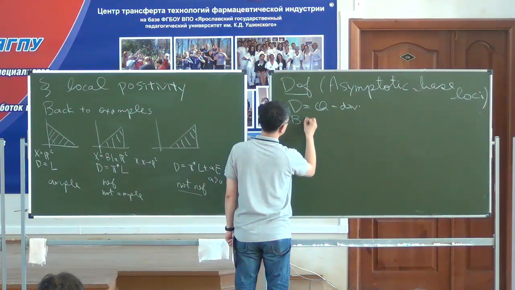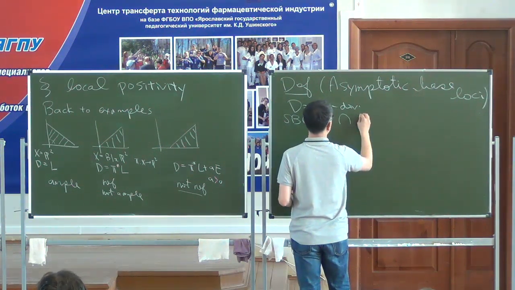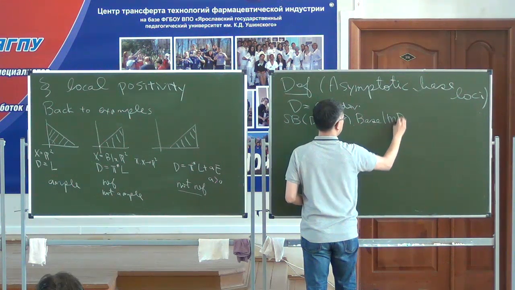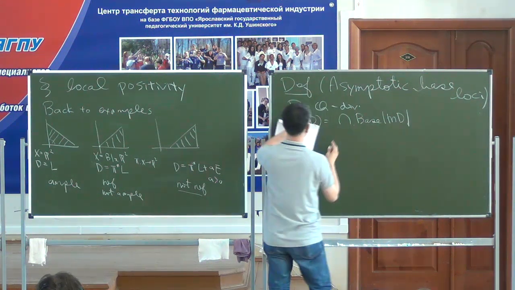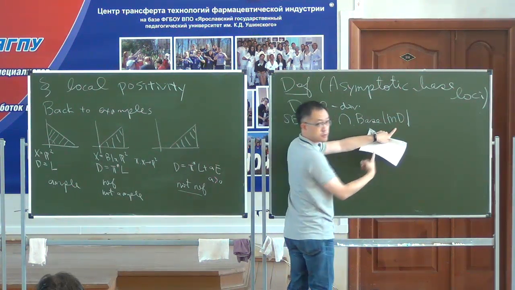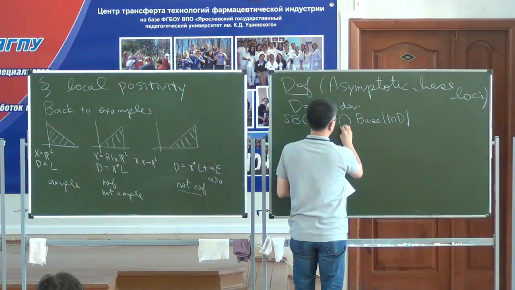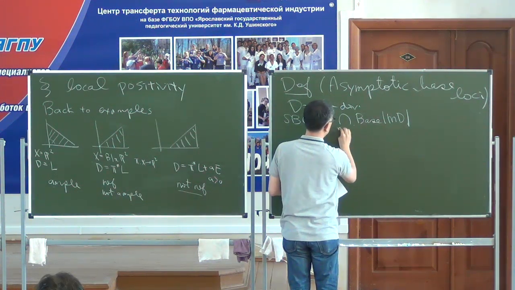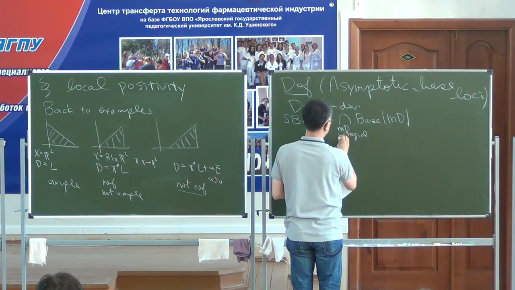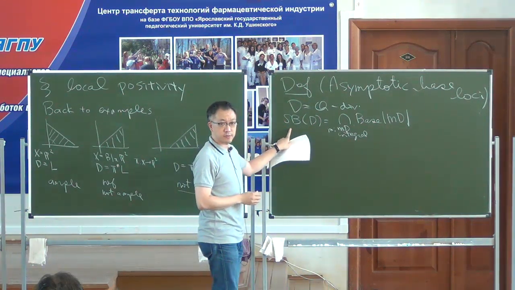First, let's record the stable base locus. The stable base locus is the base locus of mD. Because this is a Q-divisor, if you multiply by some integer, it becomes an integral divisor, and you can talk about the base locus in the usual sense. So mD integral. This is called the stable base locus.